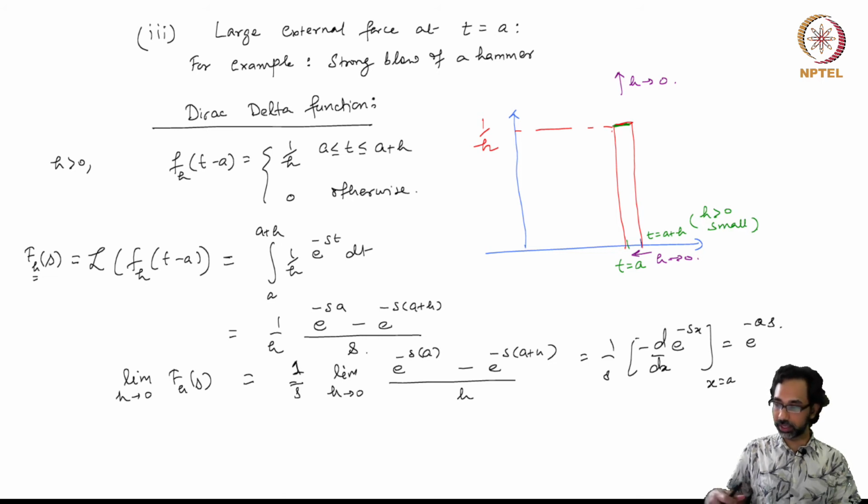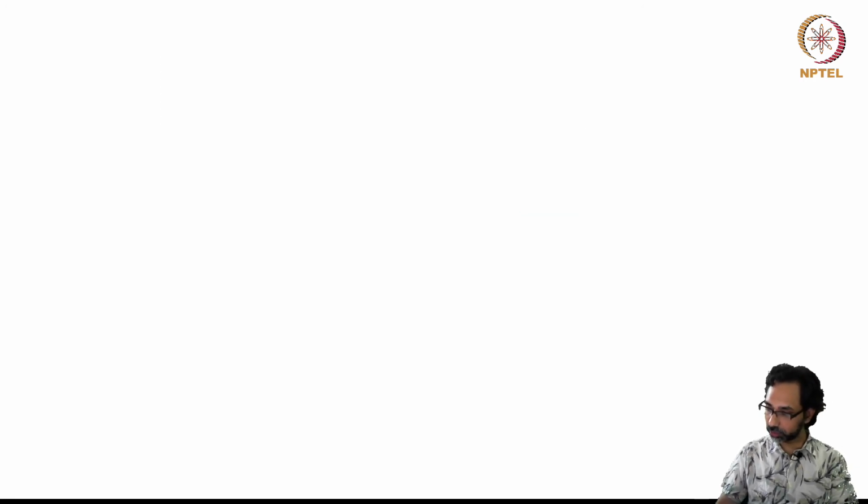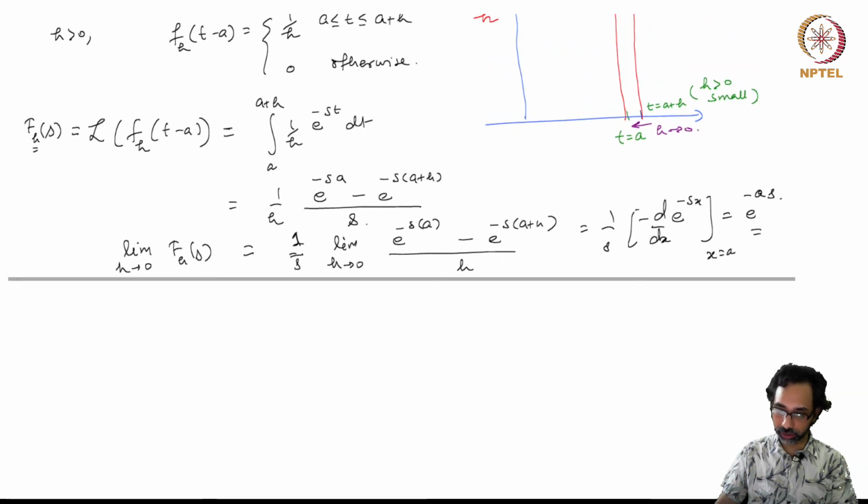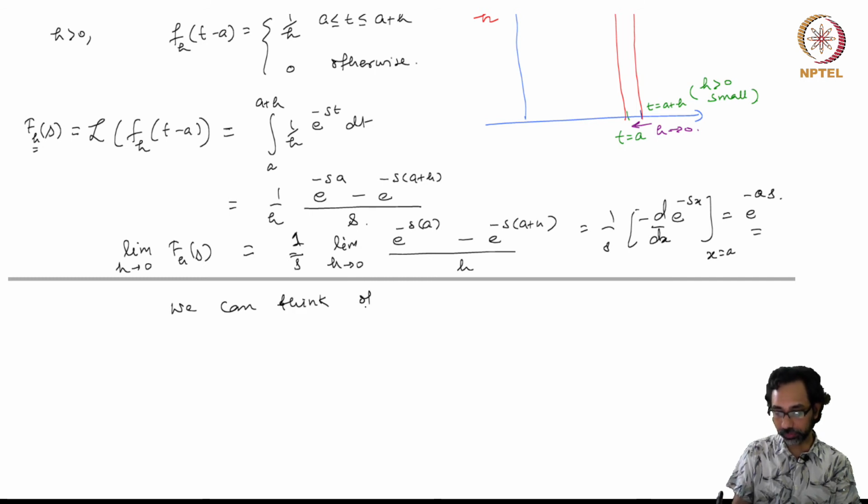So we see that in the limit the Laplace transform gives you e to the power minus as, and it often is useful to think of the Dirac delta function. So we can think of the Dirac delta function as defined by the limit.